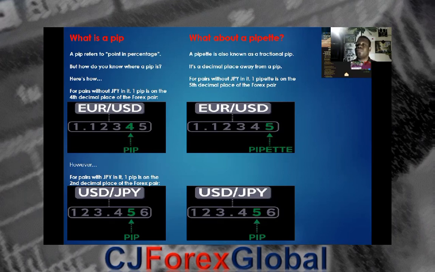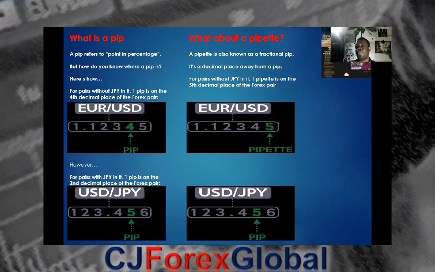Pipette is the smaller version of Pip. Just like we have 60 seconds, without second, there will be no minute, and without minute, there will be no hours. The same thing in the Forex market, price counts in pipette, which is in points.